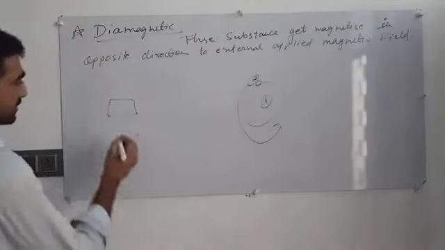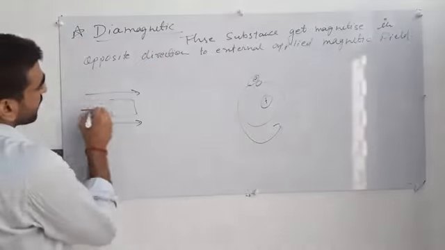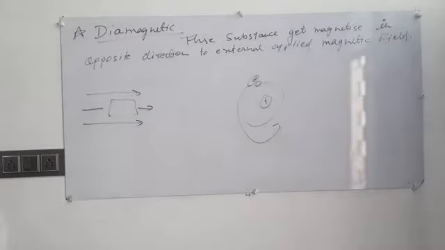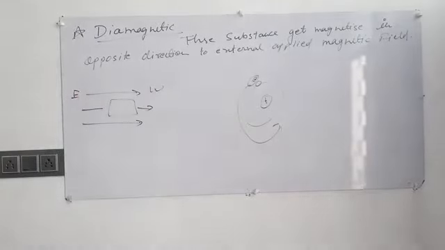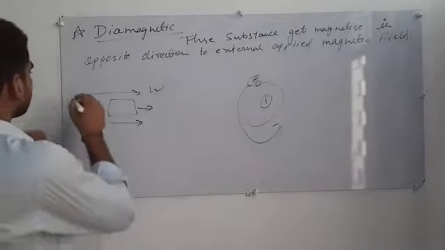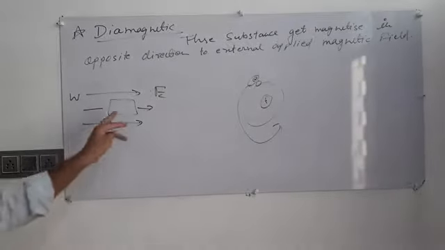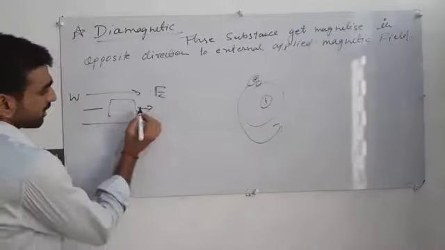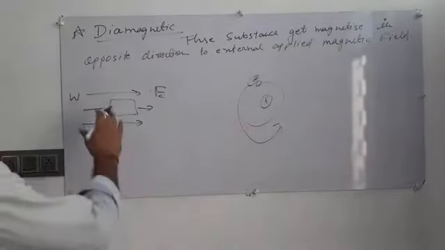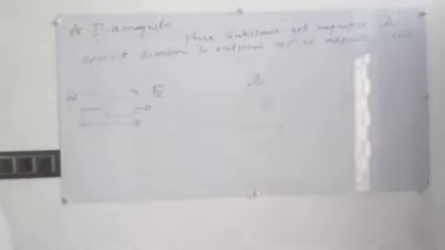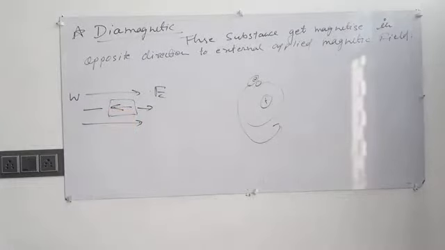Now if a diamagnetic material is placed in a uniform magnetic field having the direction from east to west, then the dipoles in the diamagnetic material, or the magnetizing direction of this diamagnetic material, will be opposite to this magnetic field.